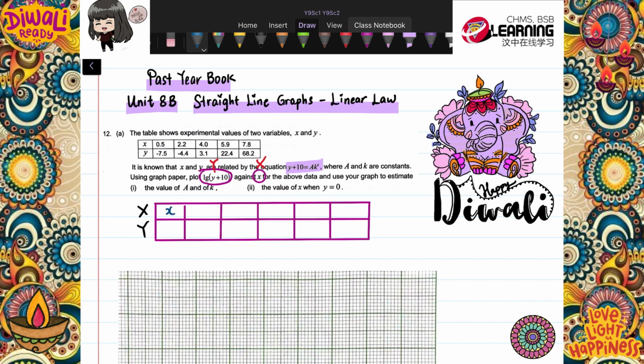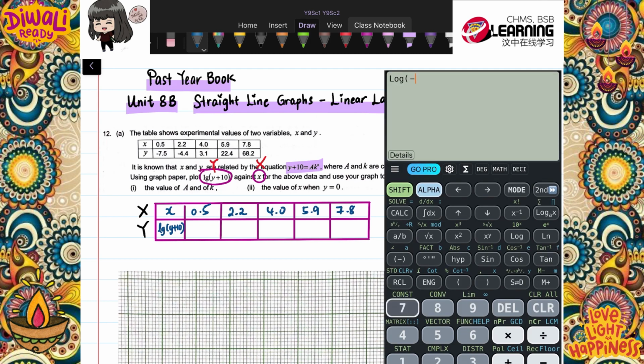I will fill in this table. My big X is still x, and my big Y is log of y plus 10. So here we need to press the calculator to find our big Y. For Y, it's log of y plus 10. When you press the calculator, log bracket negative 7.5 plus 10, I get 0.40.